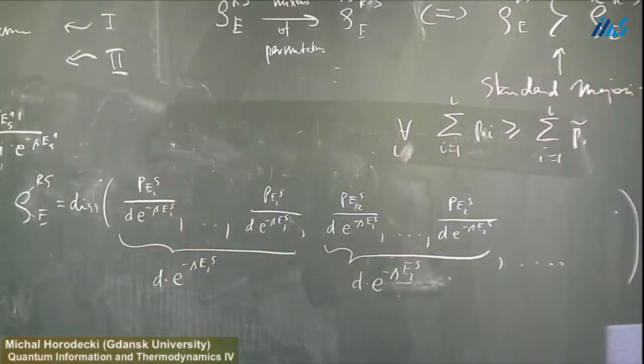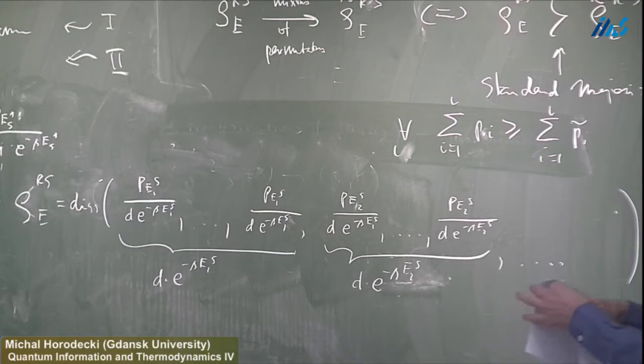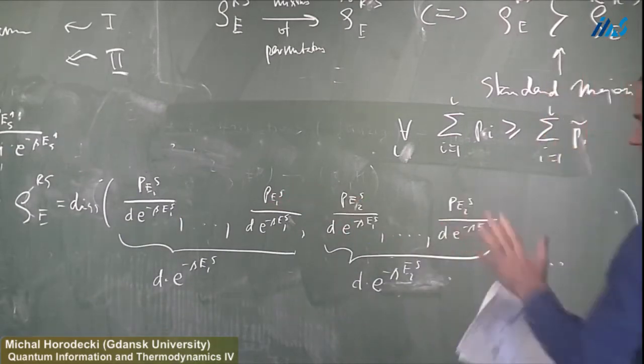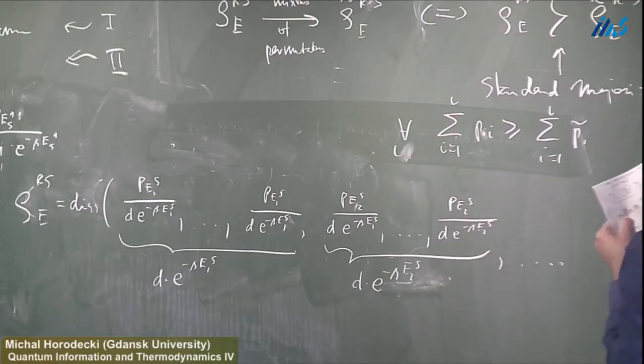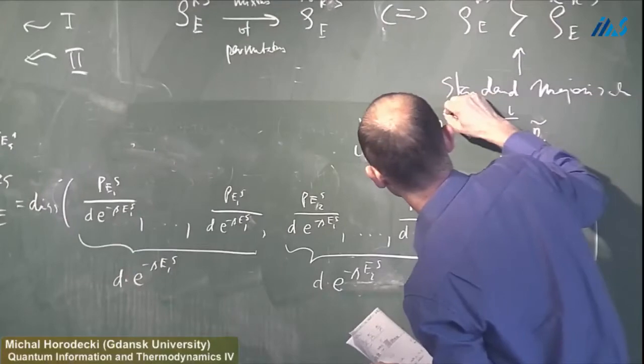So now you see that we will get this thermal ordering rather than standard ordering, even though on this level it's just ordering. So to apply majorization, they should be ordered.